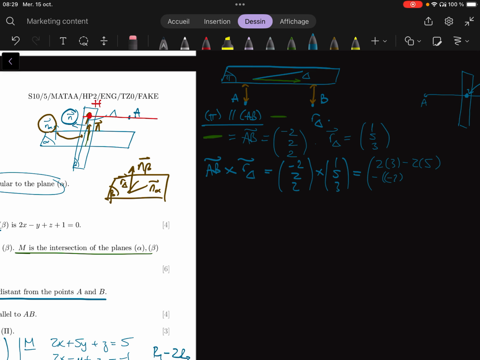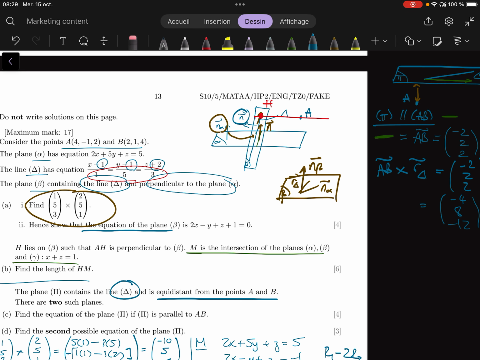Go for the second row, negative 2 times 3 minus 2 times 1. Go for the third row, negative 2 times 5 minus 2 times 1. You will get (-4, 8, -12). And you can pick your normal to be (1, -2, 3).